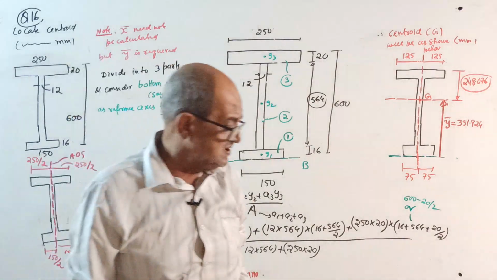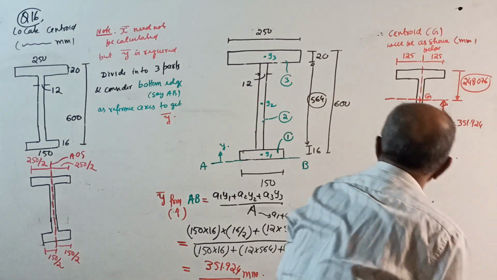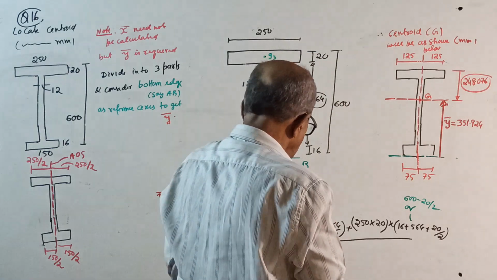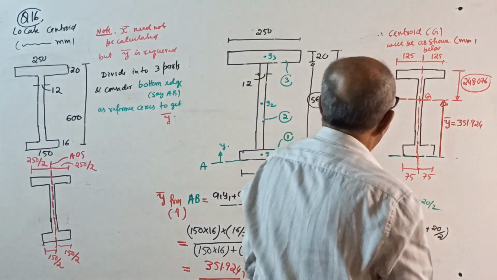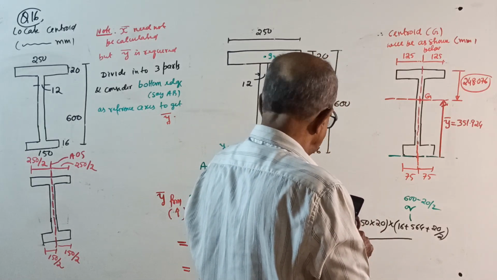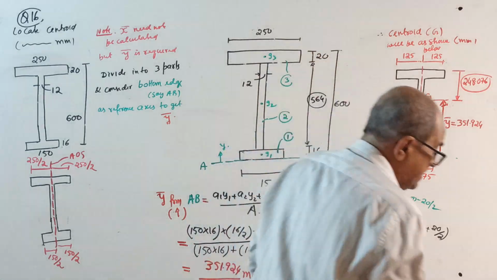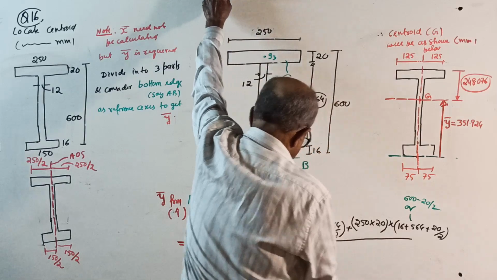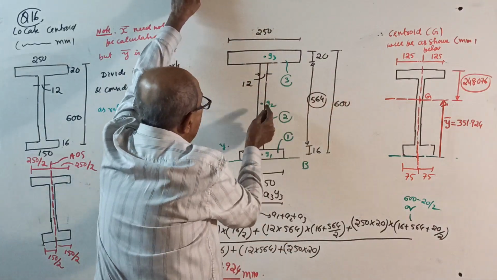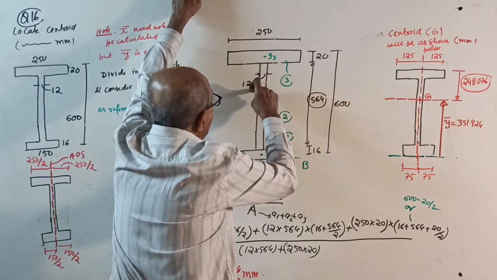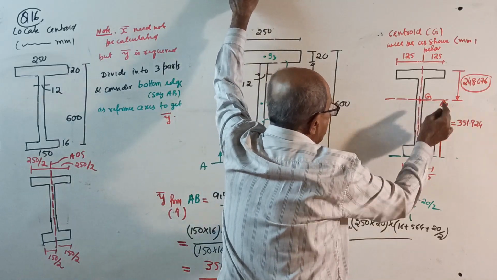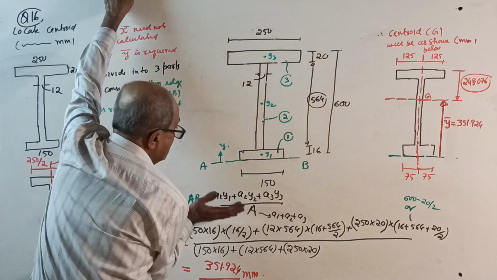You should write all those things somewhere outside. 16 plus 564 divided by 2 is 298. Correct? Yes, 298. But Y bar we got 351. So surely the centroid will lie above, much above. See, somewhere here. Okay, therefore here. See, center of web is here. You mark above your Y bar. How much you got?